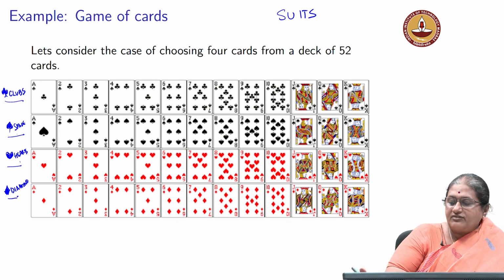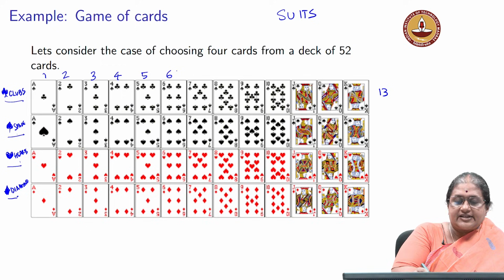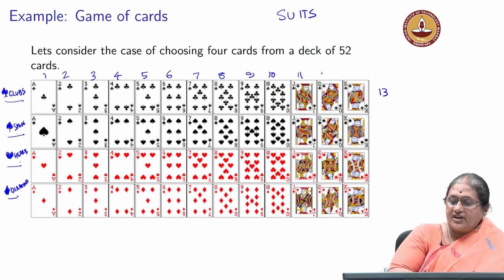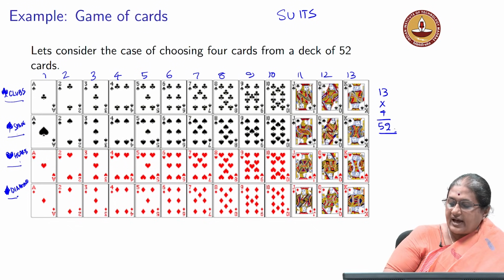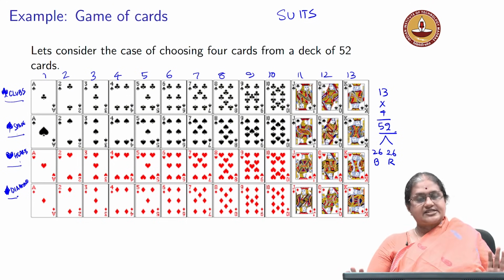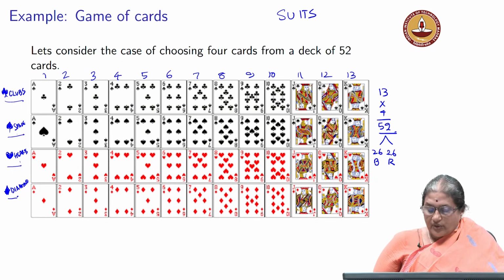Each of them has 13 denominations, that is A, 2, 3, 4, 5, 6, 7, 8, 9, 10, 11, 12, 13. 13 denominations with 4 suits will give me a total of 52 cards, and of these 52, 26 are black and 26 are red. This is how a pack of cards is typically given to us.